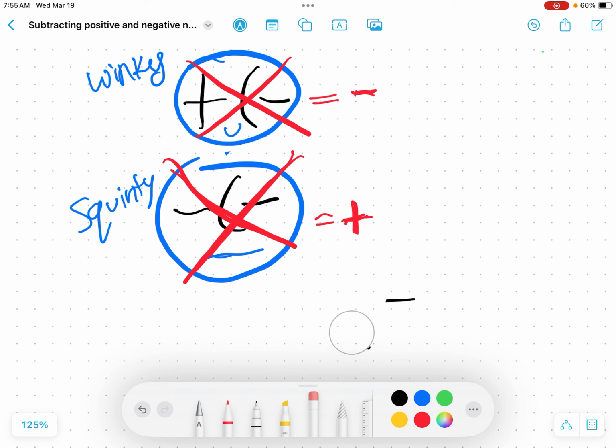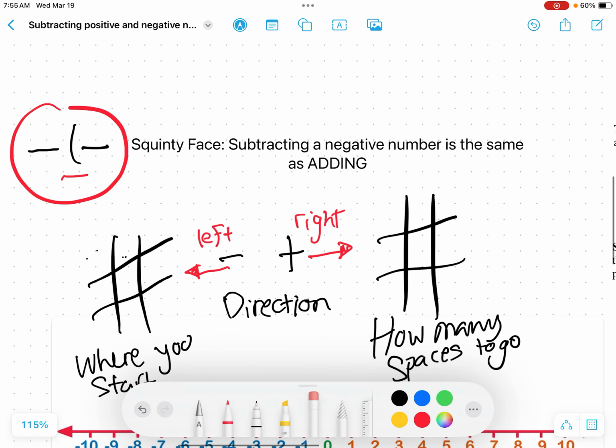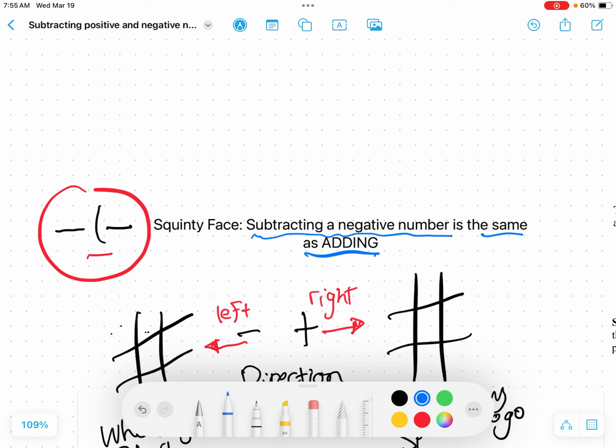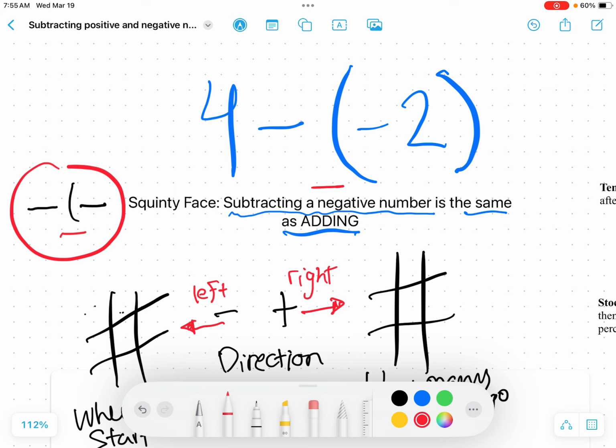So let's go ahead and see what this would entail. Okay, so squinty face means that subtracting a negative number is the same thing as adding. So what this would look like is if we have a problem where it's like 4 subtract negative 2. That's when we get that squinty face right there. Not happy. He goes away.